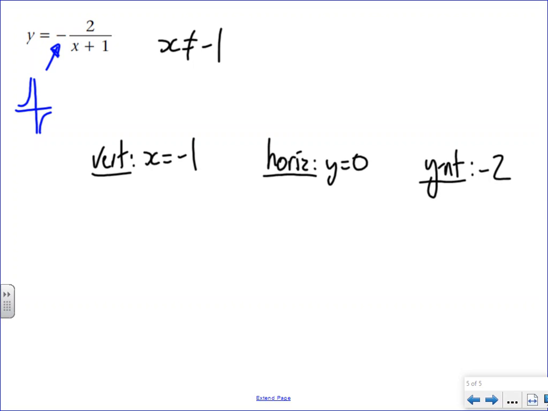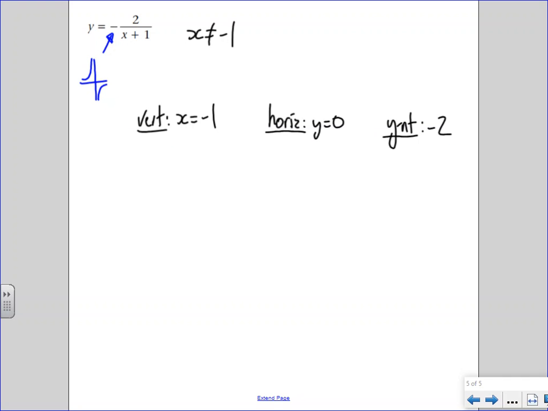Let's go ahead and sketch it. Alright, so we've got this, and this. Vertical asymptote, that's going through negative 1. Horizontal asymptote is going through 0.